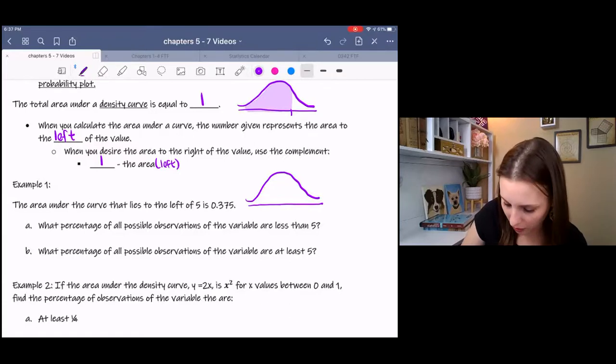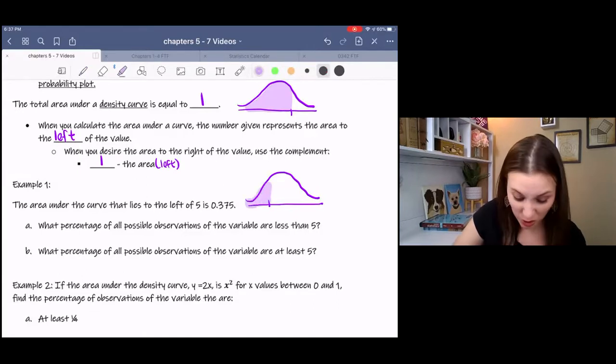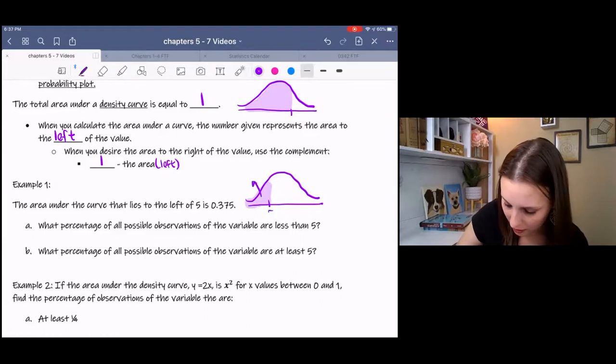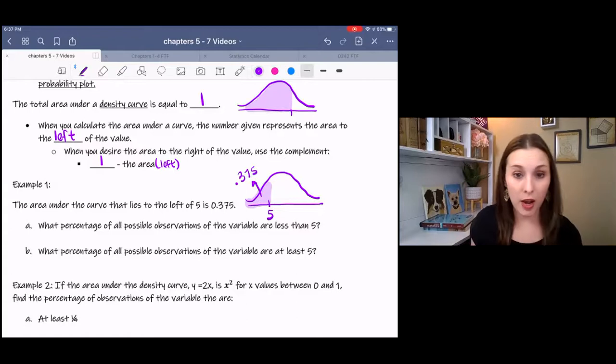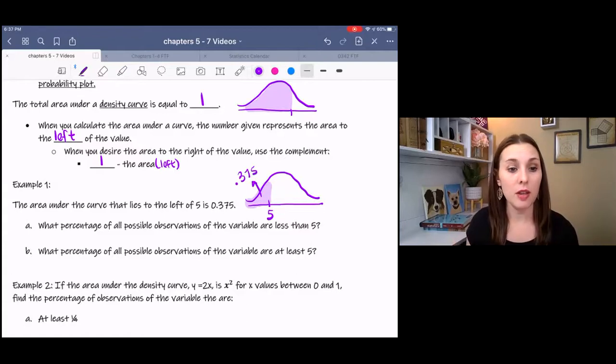I don't really know exactly where that is, but I can give you a rough idea. Might sneeze soon. So this area, this is 5, we'll pretend. This area is 0.375. That's what it's telling us. The area under the curve that lies to the left of 5, some value in our distribution, is 0.375.